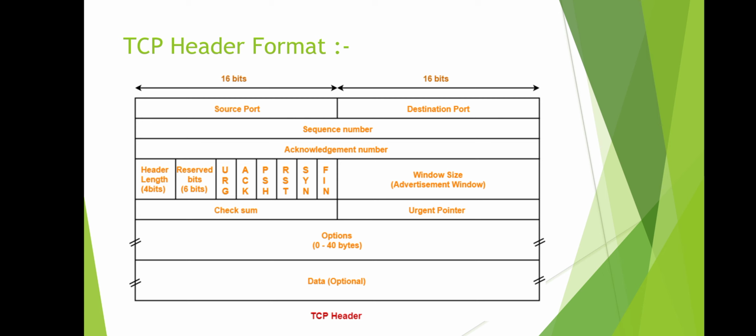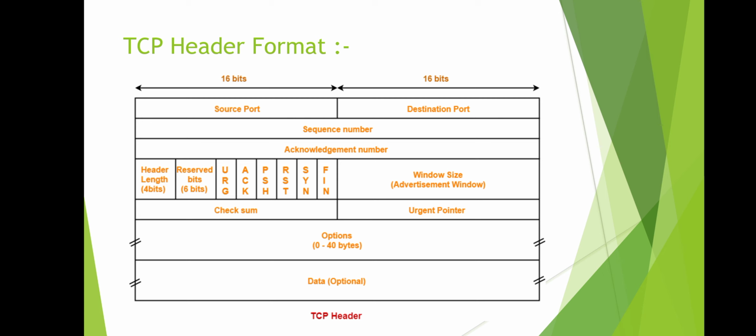And next is the window size. It is a 16-bit field, and it is used to say how many bytes the sender is ready to receive without waiting for acknowledgement. The window size helps to control the flow of data. And next one is the checksum.